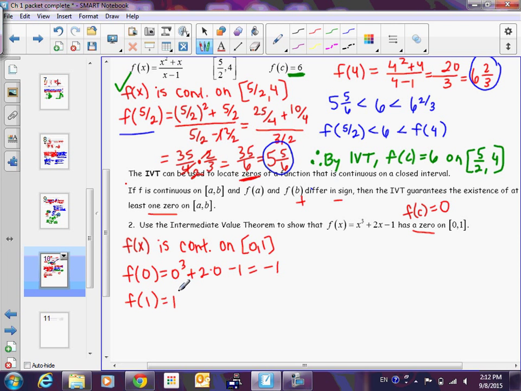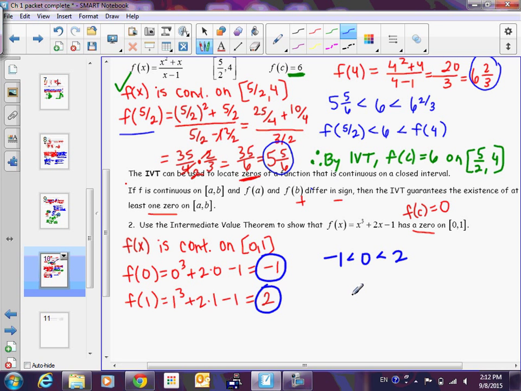F of 1 is going to be 1 cubed plus 2 times 1 minus 1, and that's going to be 2. So it's not always 5/2. Sometimes it's easier numbers. Okay, is 0 between these two numbers? Yes, so let's show it. -1 is less than 0 is less than 2.